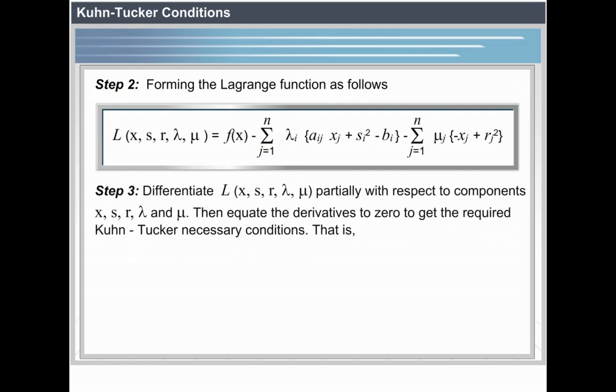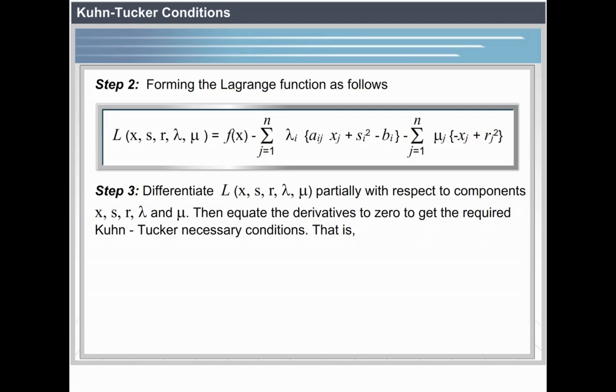Step 3: Differentiate L(x, s, r, λ, μ) partially with respect to the components x, s, r, λ and μ. Then equate the derivatives to 0 to get the required Kuhn-Tucker necessary conditions.